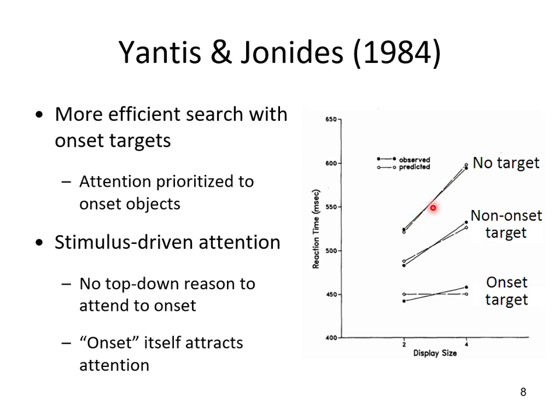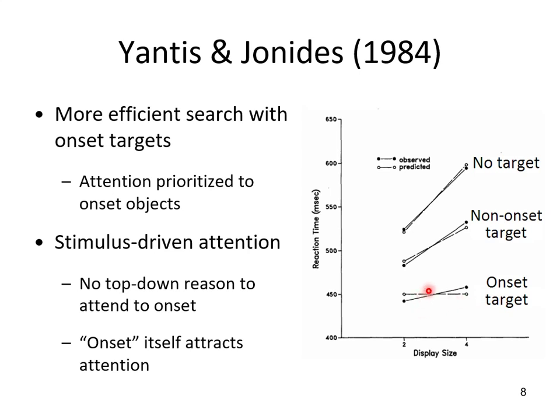Why? Because if there is no target, you have to visit all of the items one by one until you give up, right? So of course, the more items you have, the more items you need to visit, the slower. And then, what is most important to us is the difference between no onset target and onset target.